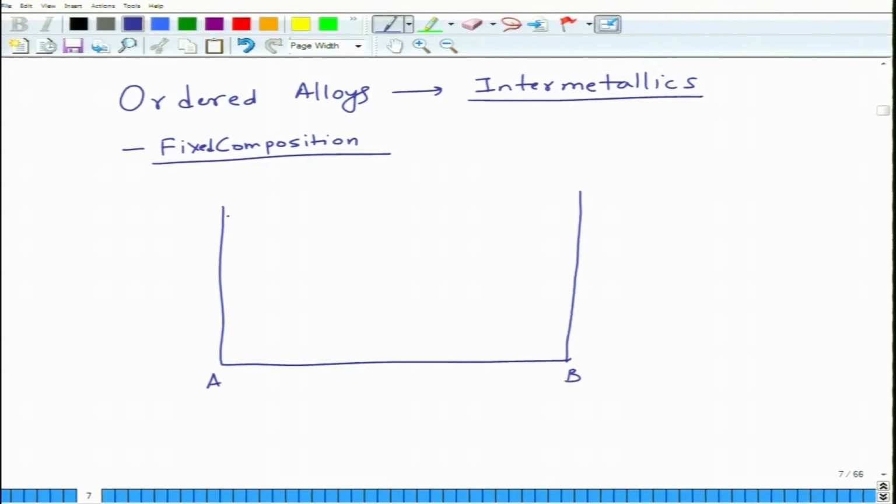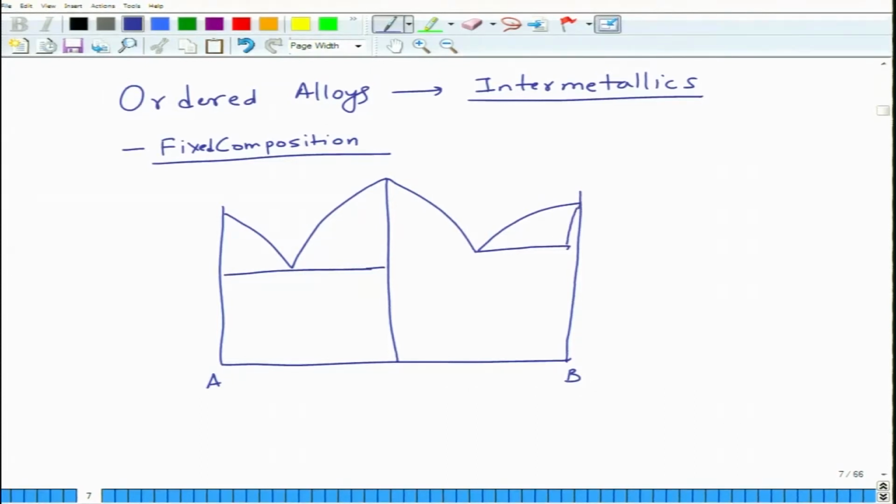AB, let's say. This is temperature. On this side you have alpha phase, this is beta phase, this is liquid, this is liquid.